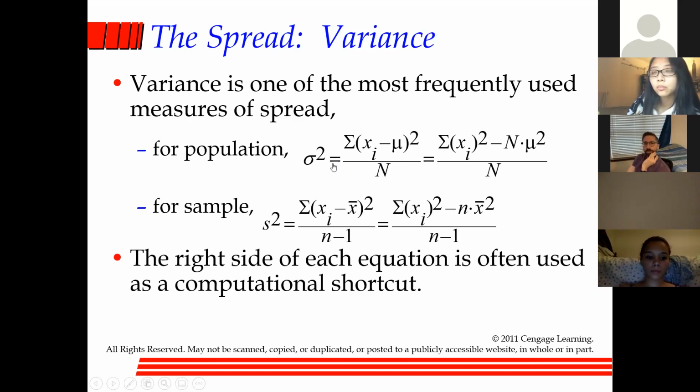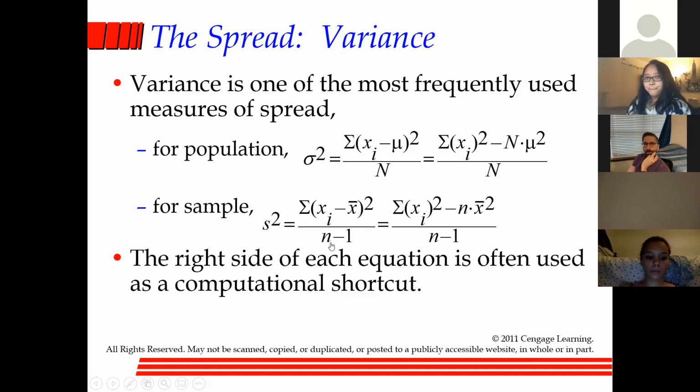Now, what's really odd is when you take the variance for a sample, the numerator is pretty much the same, except we use x bar instead of mu for the mean. But look at the denominator. We don't use small n, we use small n minus 1.